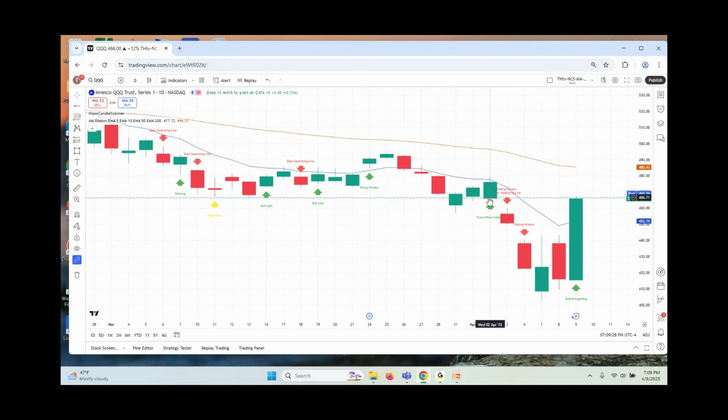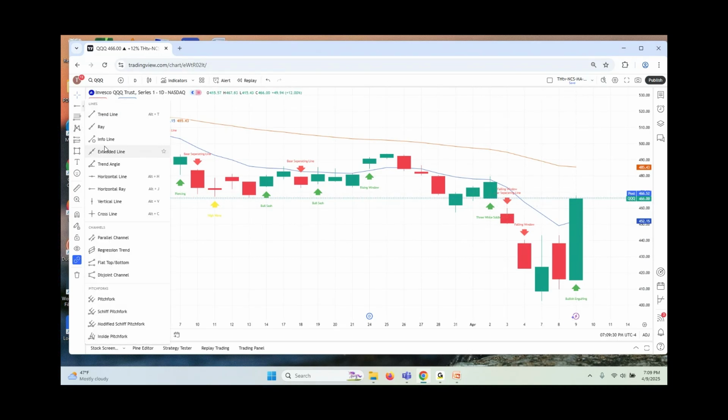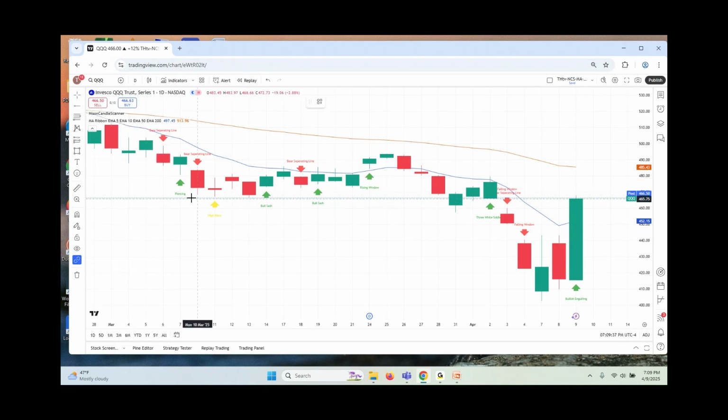And it's interesting if I draw a horizontal ray right here at this particular point in resistance, you can see once we broke down below that, now this huge candle today on the NASDAQ, on the Qs, is closing right up near this change of polarity, this area of support.